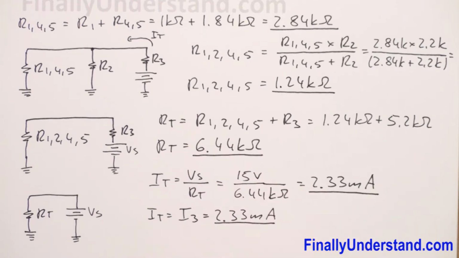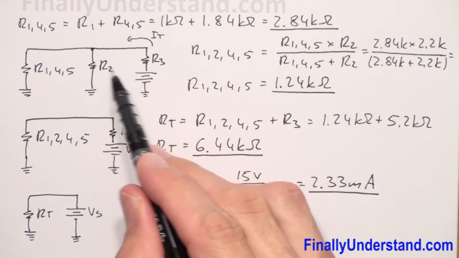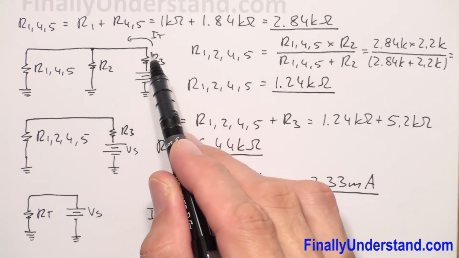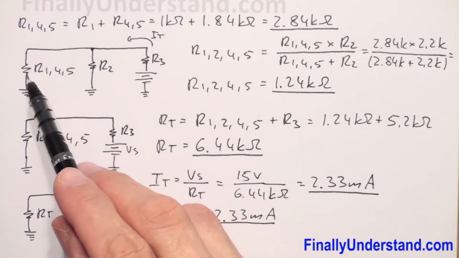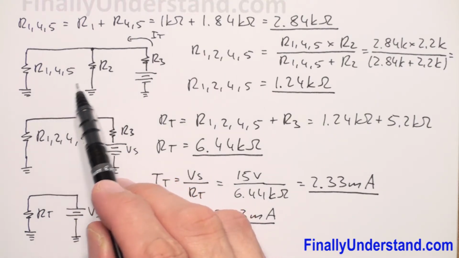So I'm going to simply write that I1 is equal, look at this diagram, I1 is equal to I total, or we can say I3, this is the same thing, I total times the equivalent resistance of these two resistors.